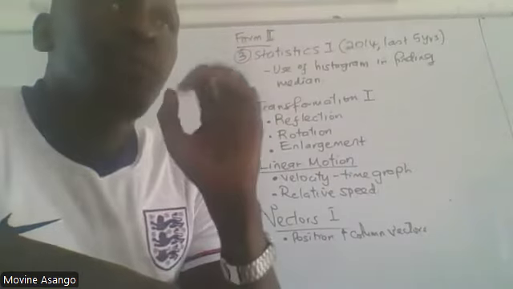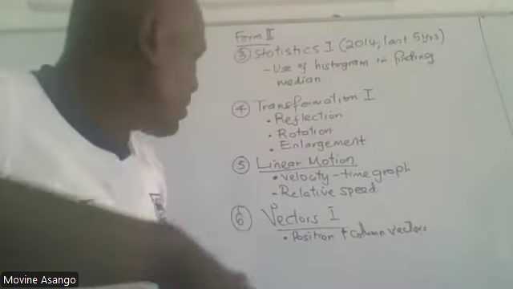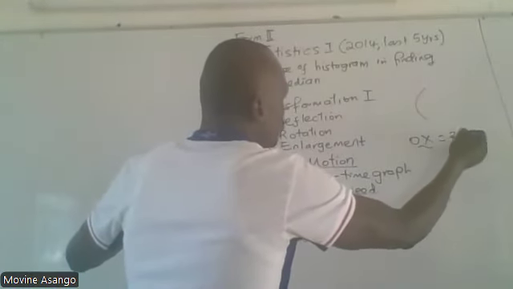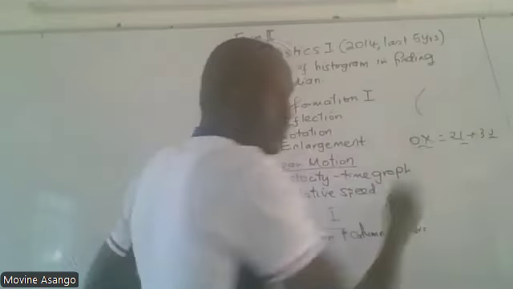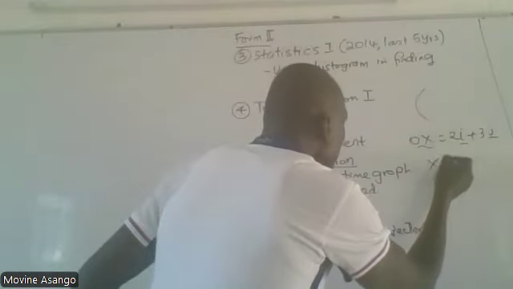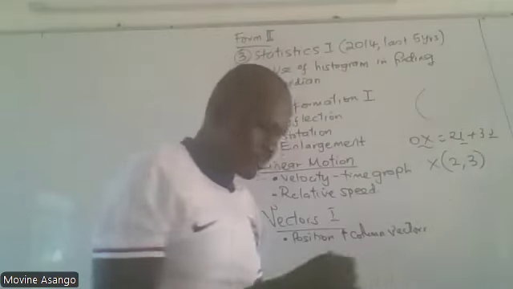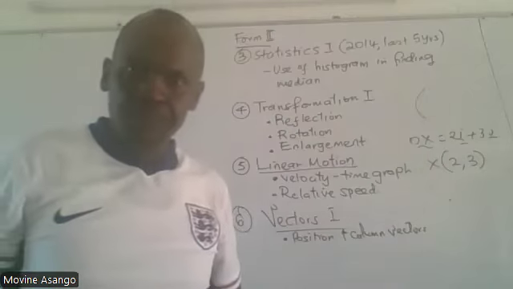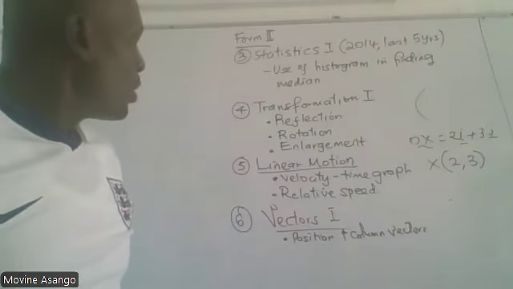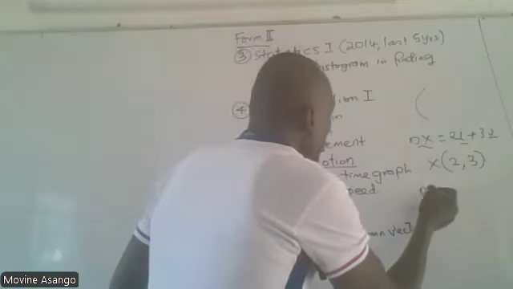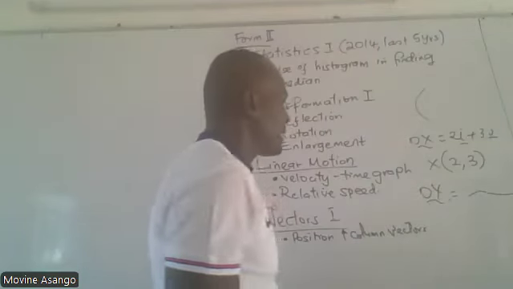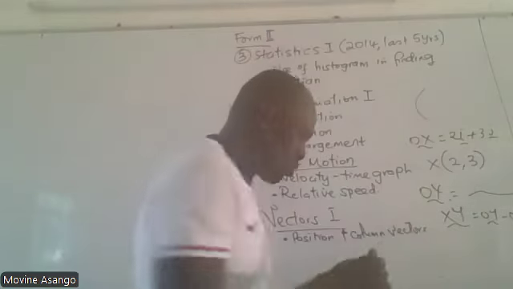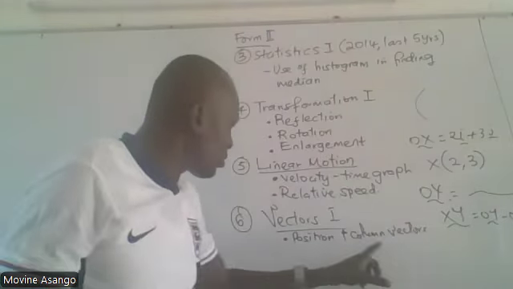If you are told the position vector of X is OX, given as maybe 2I plus 3J, then definitely X is a point 2, 3. Because this is position vector with respect to the origin O. When you're given OX and you're given OY also, you can get the column vector XY, which is OY minus OX, so on and so forth. So you must learn the position and column vectors.